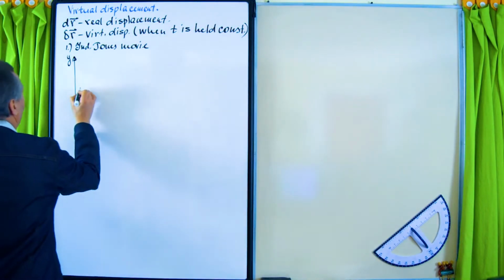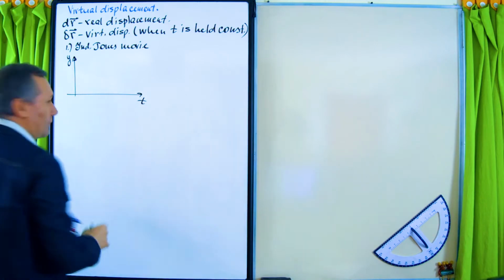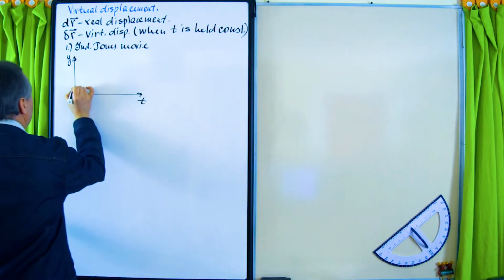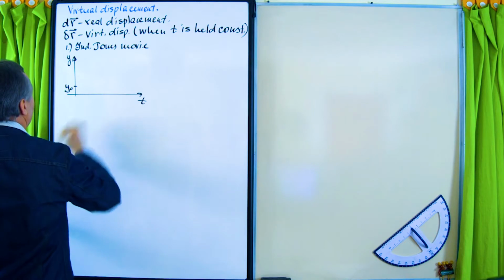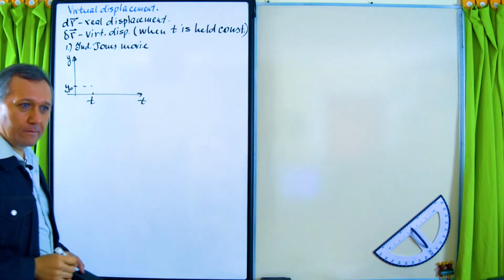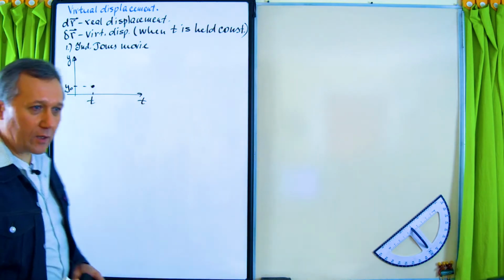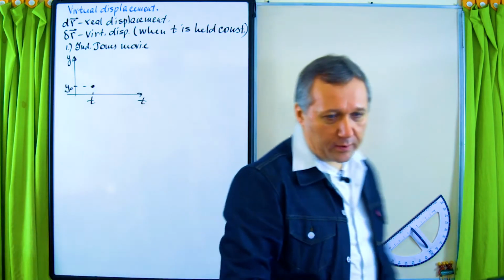So y versus, let's say, time, the travel time. Let's say first the system is here at y naught at the initial moment of time t. Now it has to make a decision where to go.